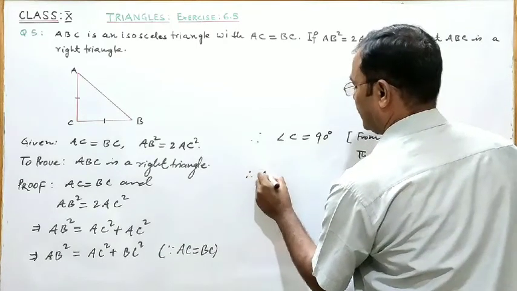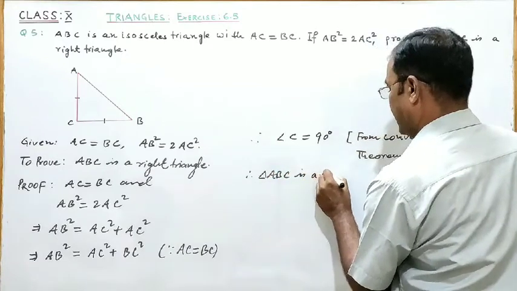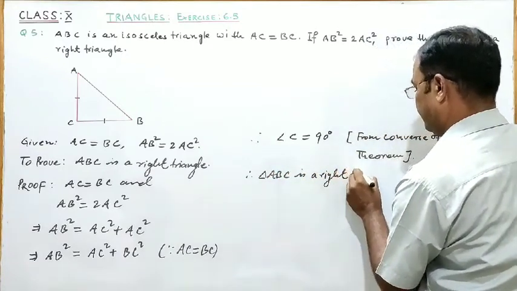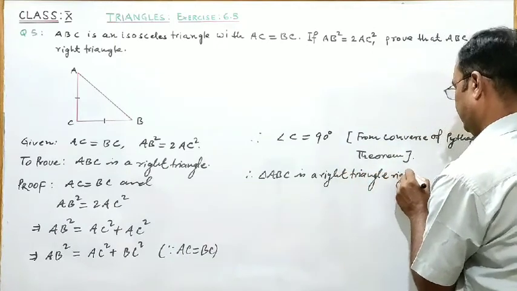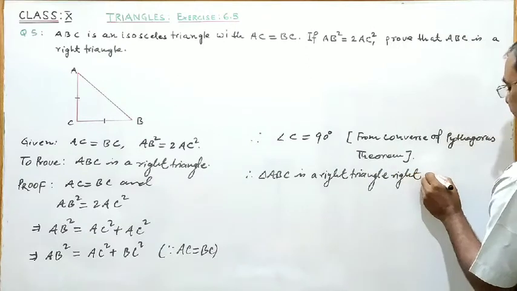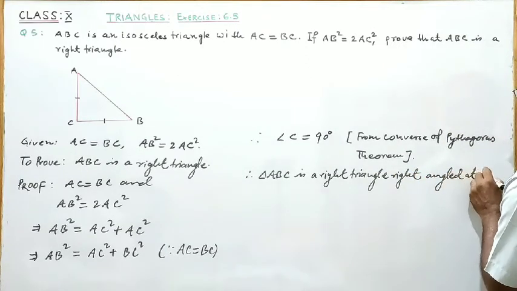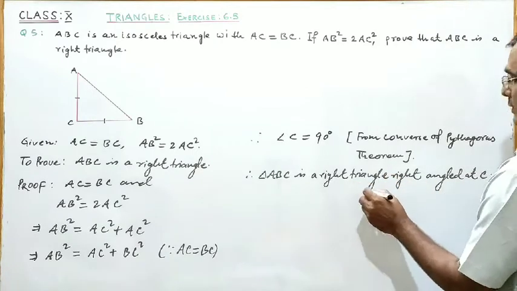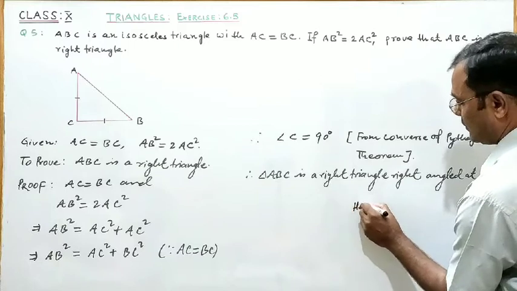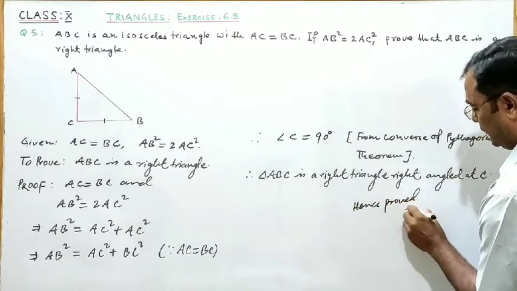Therefore, triangle ABC is a right triangle right angled at C. And this proves the question. Hence proved.